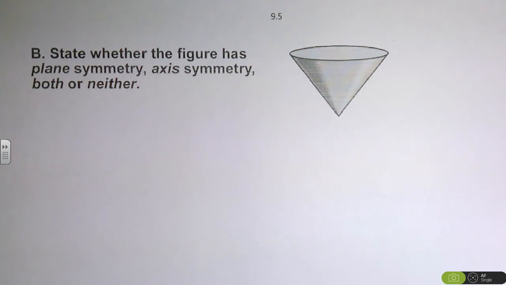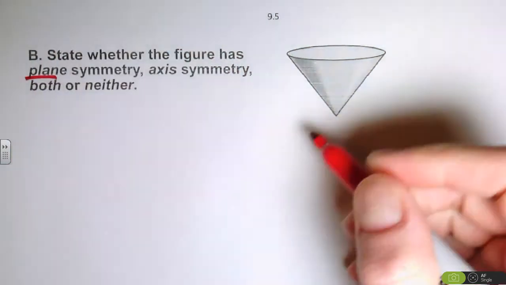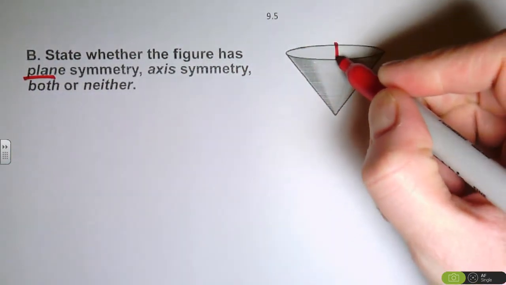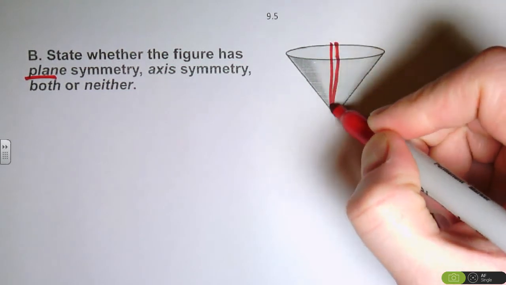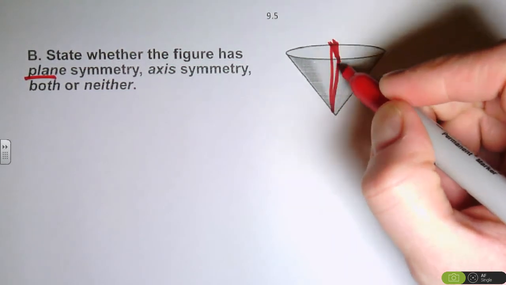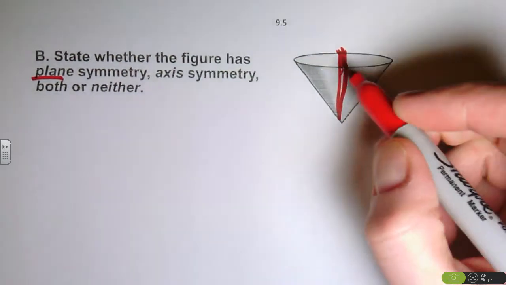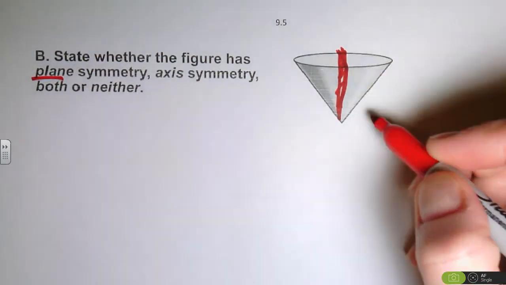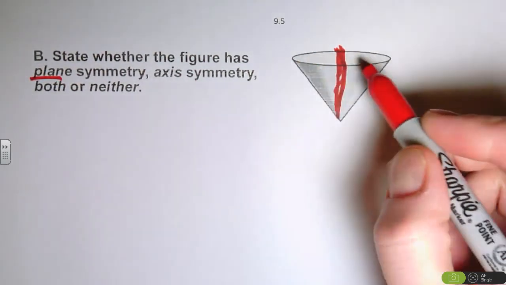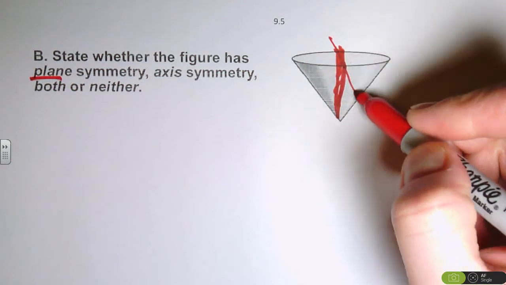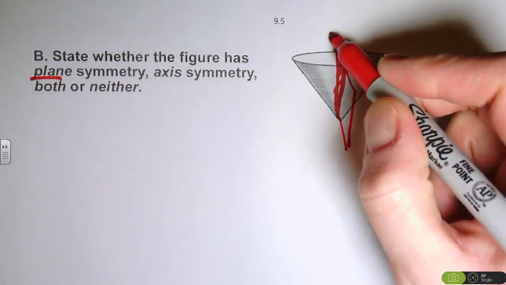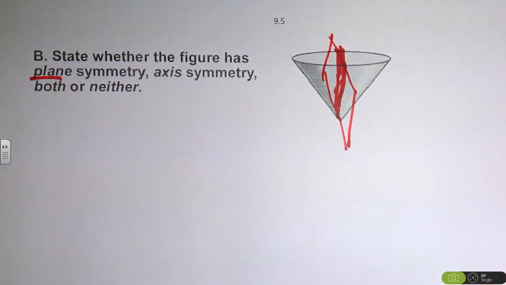If you think about a cone, any kind of cone at all, it does have plane symmetry because you can cut it right down the middle. I know you can't really see it. I'm trying to cut it 3-dimensionally, but you can cut it right down the middle, and what happens is you've got half the cone over here and half the cone over here. Okay. So it does have plane symmetry.